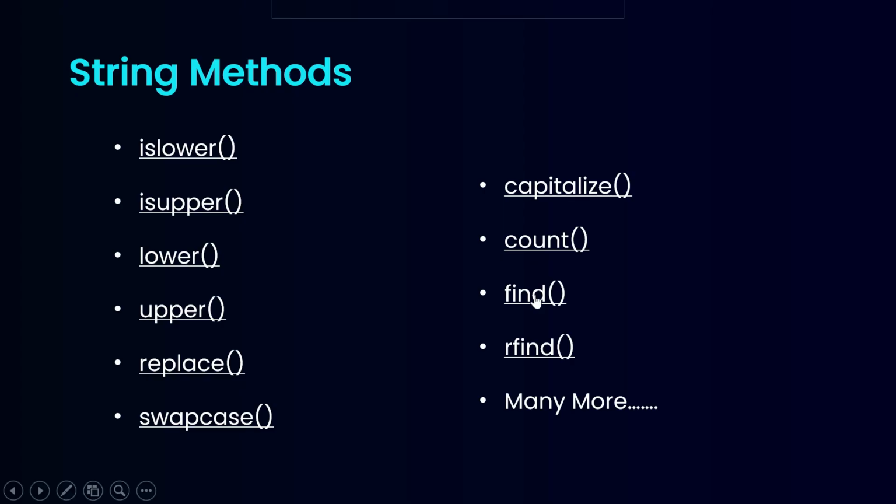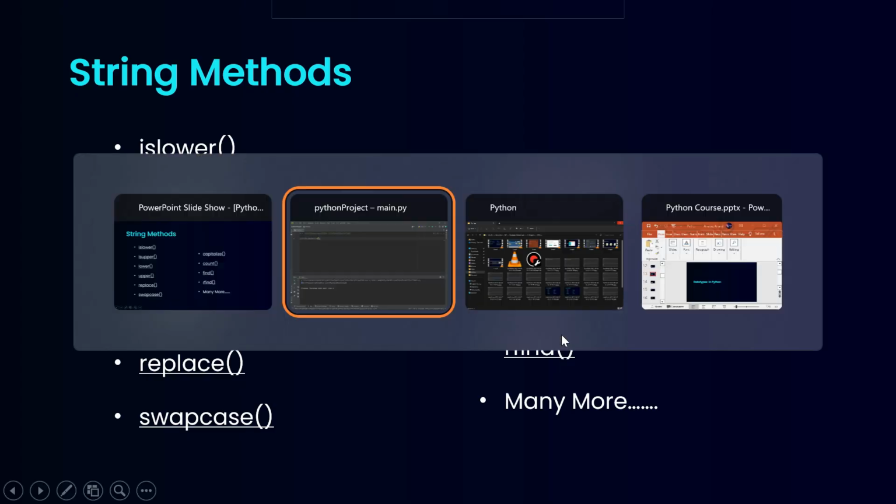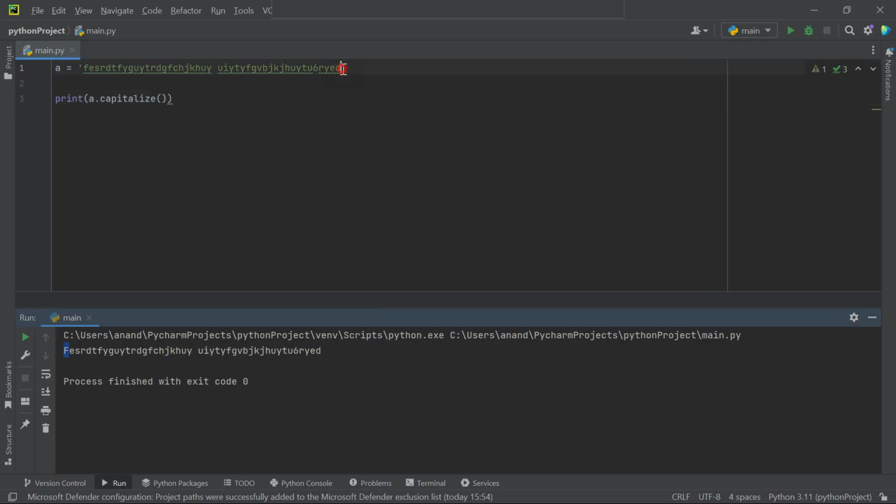Then there are more functions like count, find, and rfind. So count will just count the number of times a value is repeated. So let me show you. Let me create a sentence like, I love coding, as coding is easy and coding is fun.